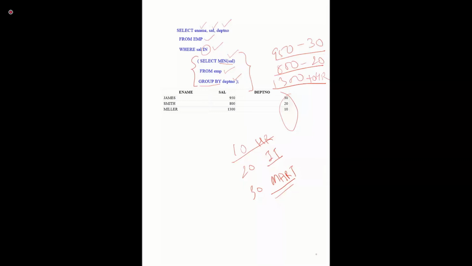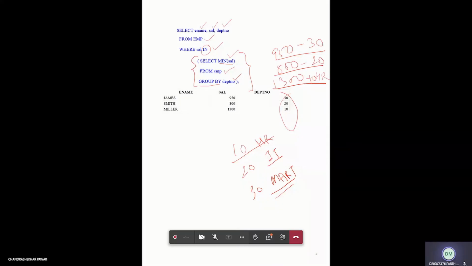So please try to remember, for a single row output, that is a single row subquery, we can use a comparison operator. A multi-row subquery is going to return more than one result. So we can use the in, any and all keywords, and we can use only those keywords, or if required, we can use a comparison operator along with those keywords, that is in, any and all.